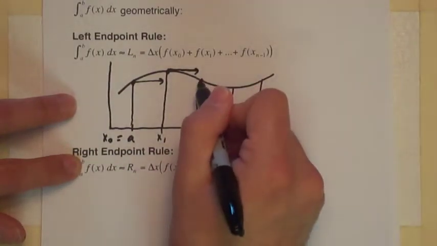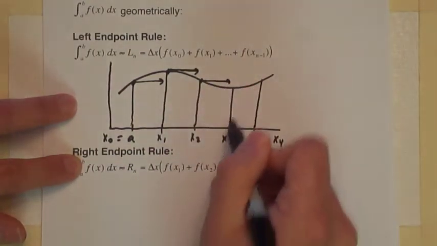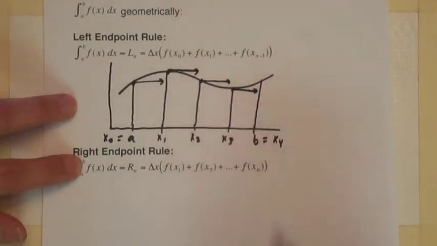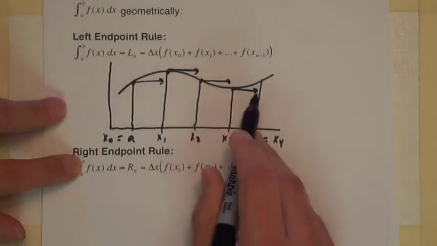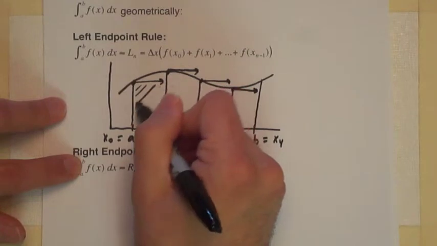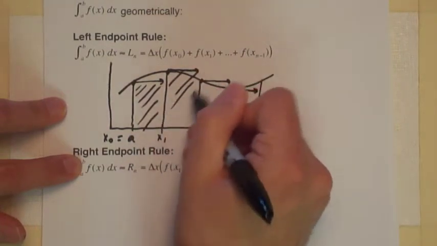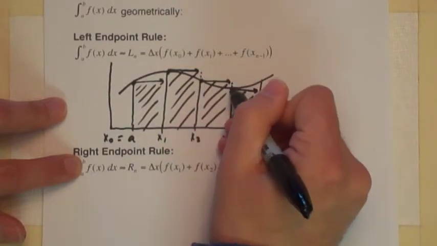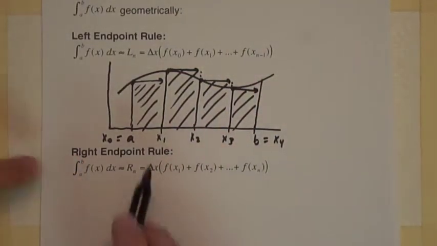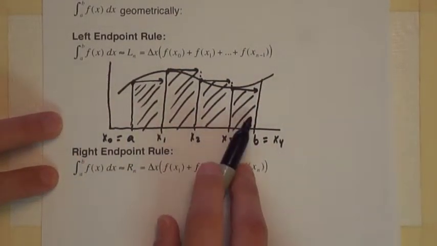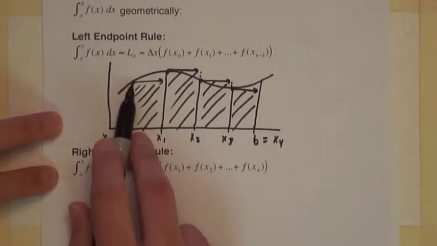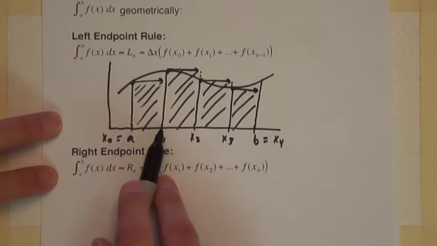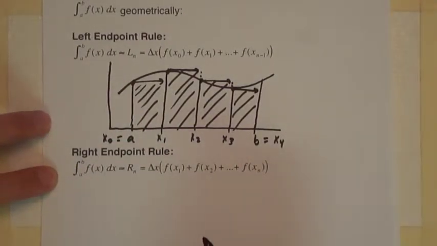For x2 we pick this point and extend it this way, and for x3 we pick the left side and extend it this way, and we make rectangles. Let's close up these rectangles. So you can see we have chosen 4 rectangles, and we've chosen the left side as opposed to the right side of each rectangle to determine the height of each rectangle.